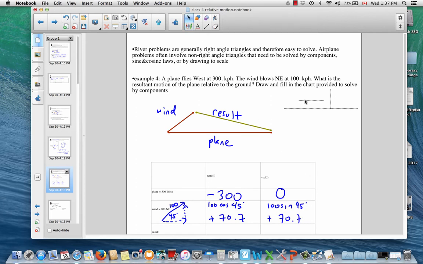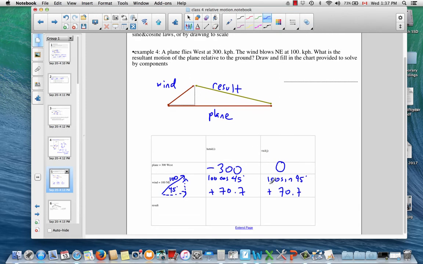So what we've just done there is found out how much this component is. It's 70.7. And we found out how much this component is. It's also 70.7. So now we would like to know what the components of the resultant are. Its y component's pretty easy because the plane had no y component. The y component of the resultant is just 70.7. How about the x component?